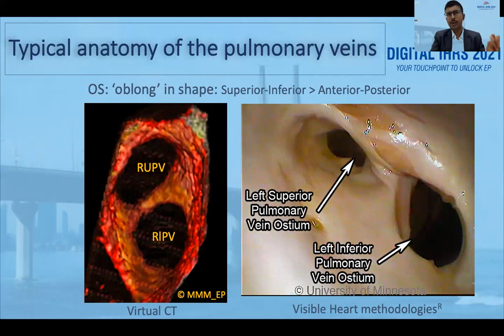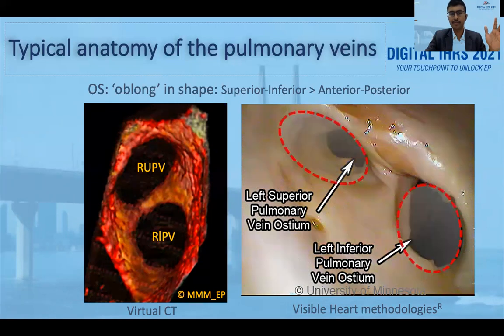The shape of the pulmonary vein ostia, I must emphasize, are more often enlarged superior-inferiorly, and they are flat anteroposteriorly. So they are mostly oblong in shape. As shown in this figure, the right and the left superior pulmonary veins, the ostia are oblong in shape, and the right inferior and the left inferior are more circular in shape.